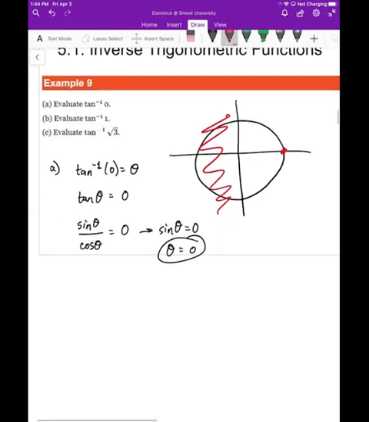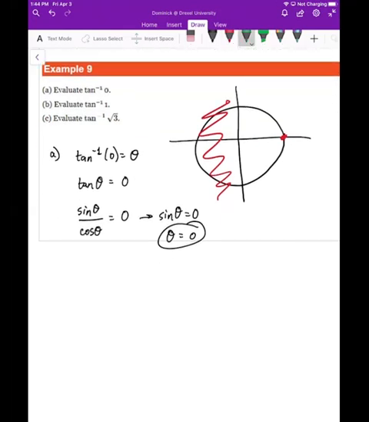Now in part B, we want to know what is the inverse tangent of 1. That means I want to find an angle whose tangent is equal to 1, or when sine over cosine is equal to 1, which I can cross multiply and say that sine is equal to cosine.